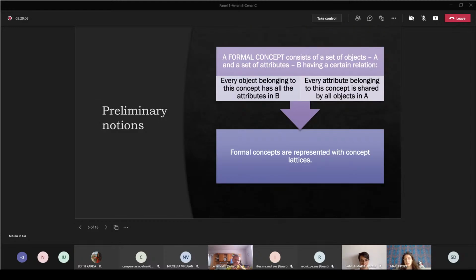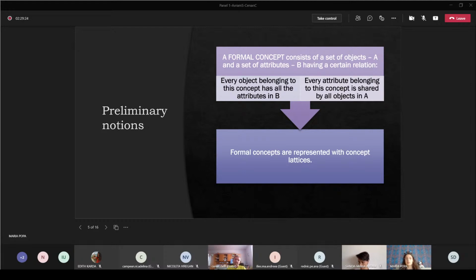Now we have a formal context, but it is interesting to see which are the concepts in this context. Let's see what a formal concept is. A formal concept consists of a set of objects A and a set of attributes B, having a certain relation.